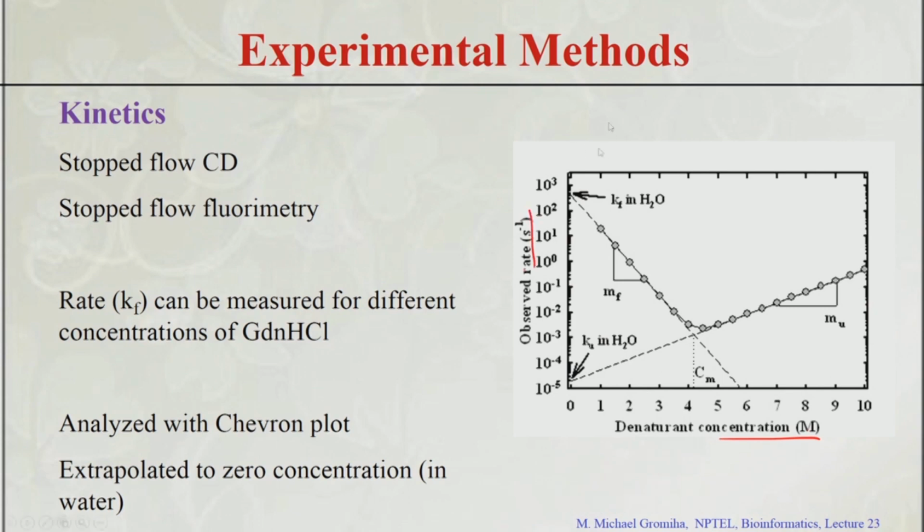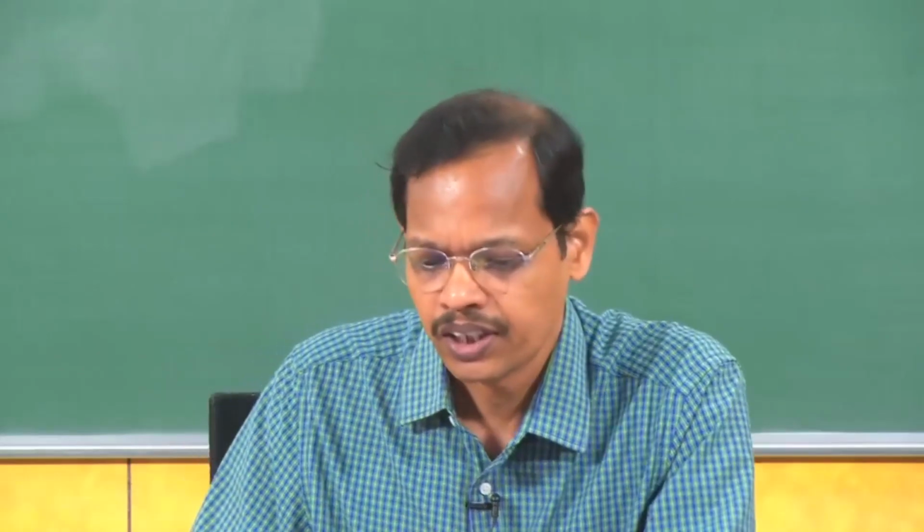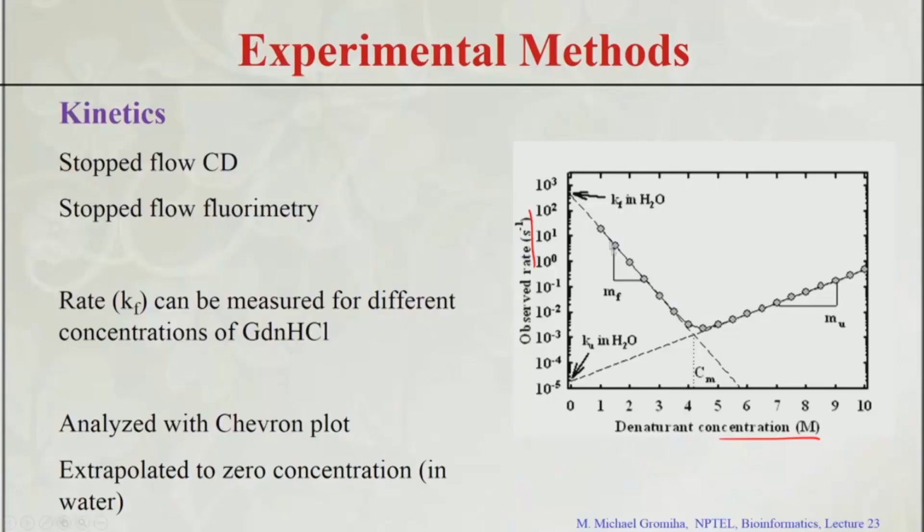So, you can see the concentrations going up to 10 molar, and this is the folding region and here this is the unfolding region, and we extrapolate to 0 concentration to get the folding rate or unfolding rate, because we need uniform data for different proteins and mutants. We extrapolate in the folding region, it goes to here. So, now this is the folding rate in water.